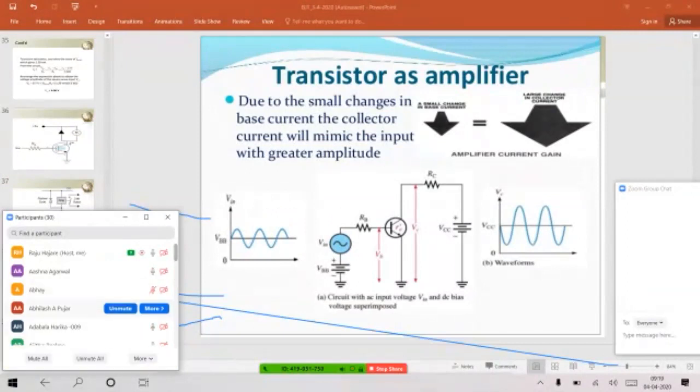Yes, Avinash Kochar. Ankit D. Yes, Gautam, can you tell me how to operate the transistor in the active region and make it work as an amplifier?